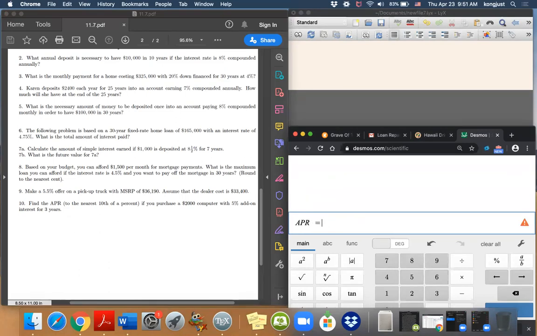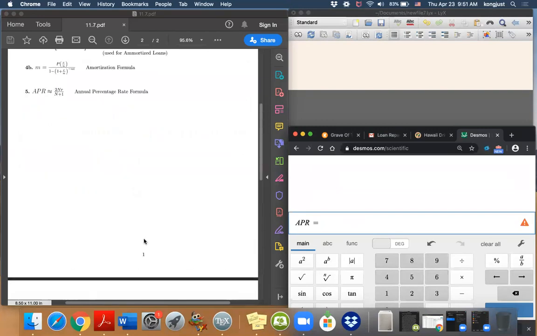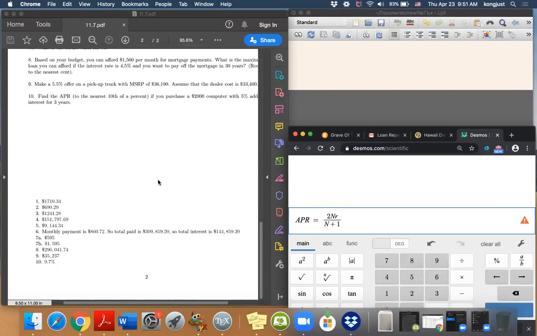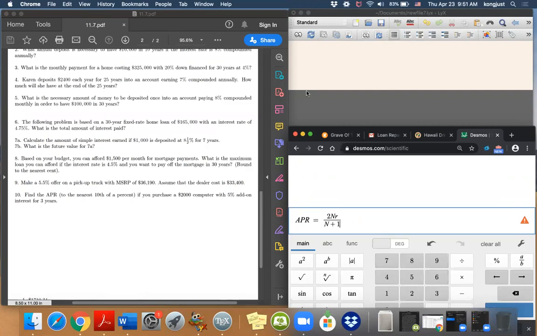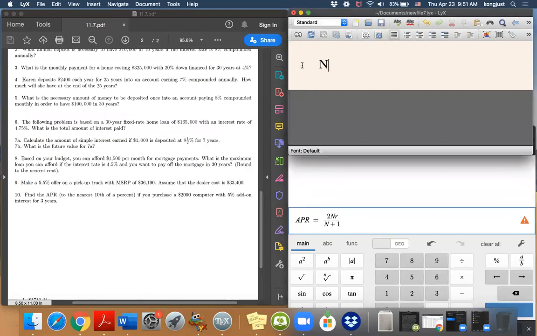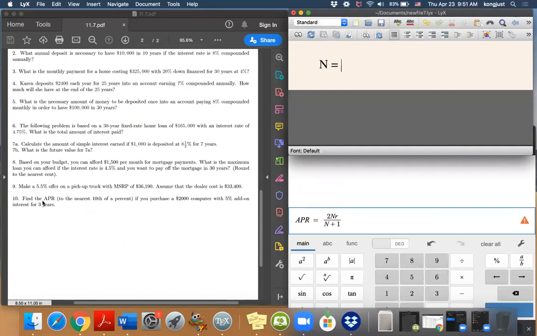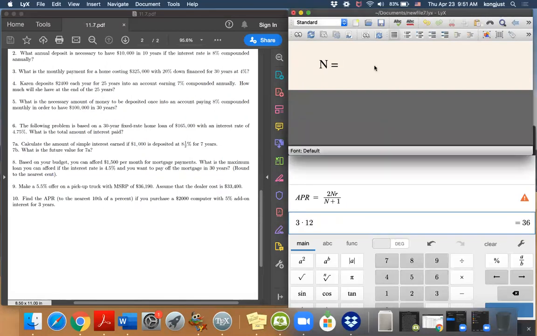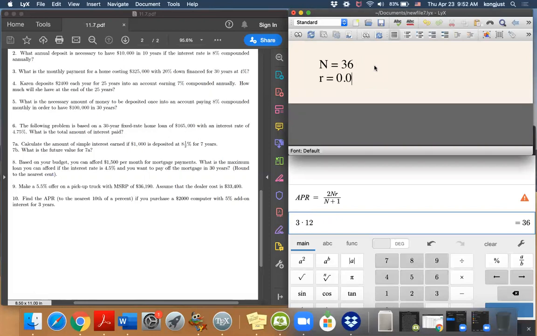It doesn't give me the approximation. Okay, so anyways, roughly equal, not exactly equal, but this is what we use for estimation: APR is approximately 2NR divided by N plus 1. Remember, capital N is the total number of payments. It says for 3 years. It doesn't say how often, so in that case, we just assume that it's monthly. That means 3 years times 12 times per year is 36. So 36 is capital N. The rate is 0.05 add-on.